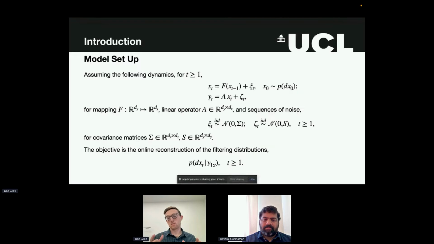You'll have an observation operator, denoted here by capital A, and you'll also have your observation noise. The ultimate goal of the data assimilation, in the particle sense, is to reconstruct your filter distribution, so you want to construct the distribution of your state space given all the previous observations.